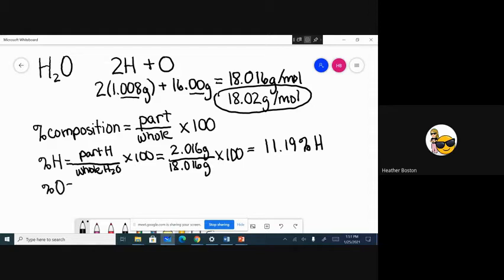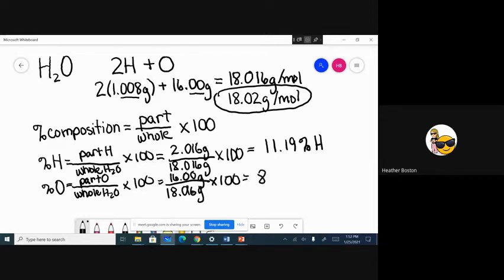The other part is oxygen. So the percent composition of oxygen would be, what part of it is oxygen out of the whole water molecule? So 16.00 grams oxygen out of 18.016 grams of water. And I'm going to get 88.81% oxygen.